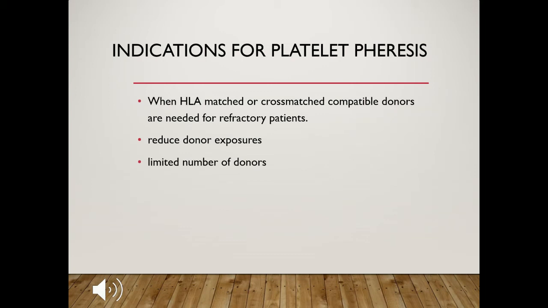So, sa isang donor, if we use platelet pheresis machine, it will extract platelet that is equivalent to 6 to 8 units platelet concentrate. So, ganun kadami, diba? So, mas efficient siya. But the downside is the cost because it's around 12,000 pesos while the random platelet concentrate would be 1,000 per unit. So, kung 6 units lang kailangan mo, that's only 6,000. So, doble ang platelet pheresis when it comes to cost.